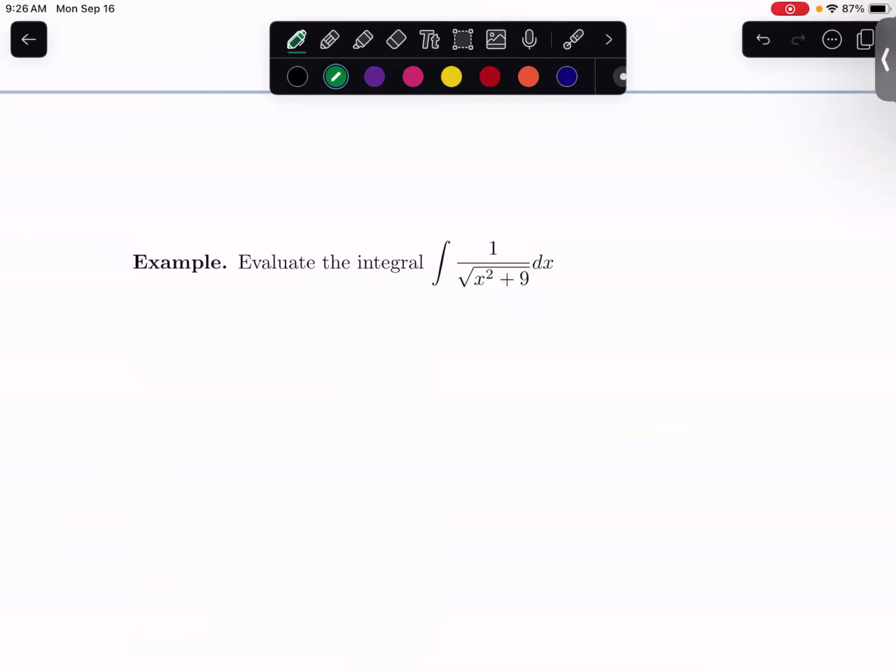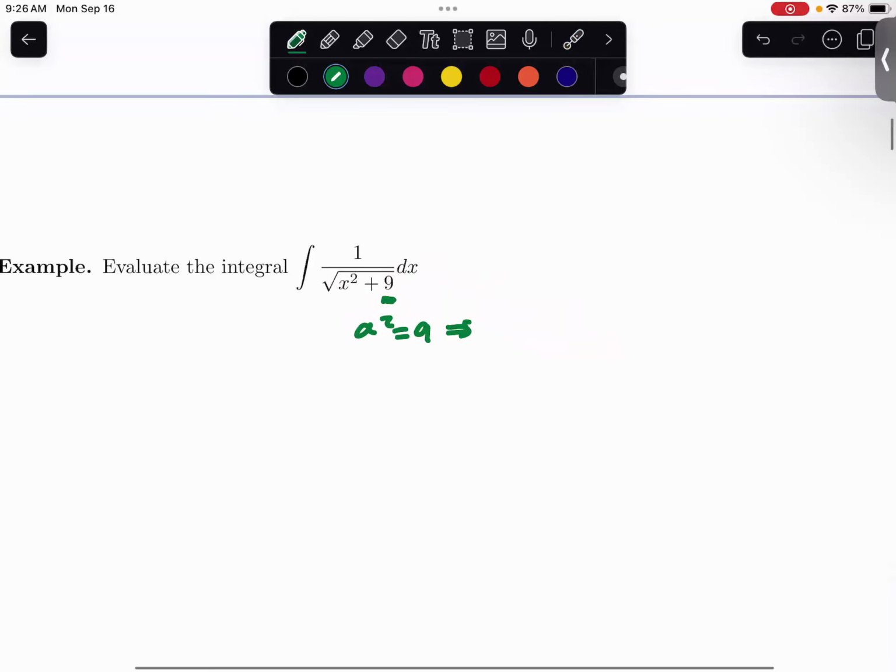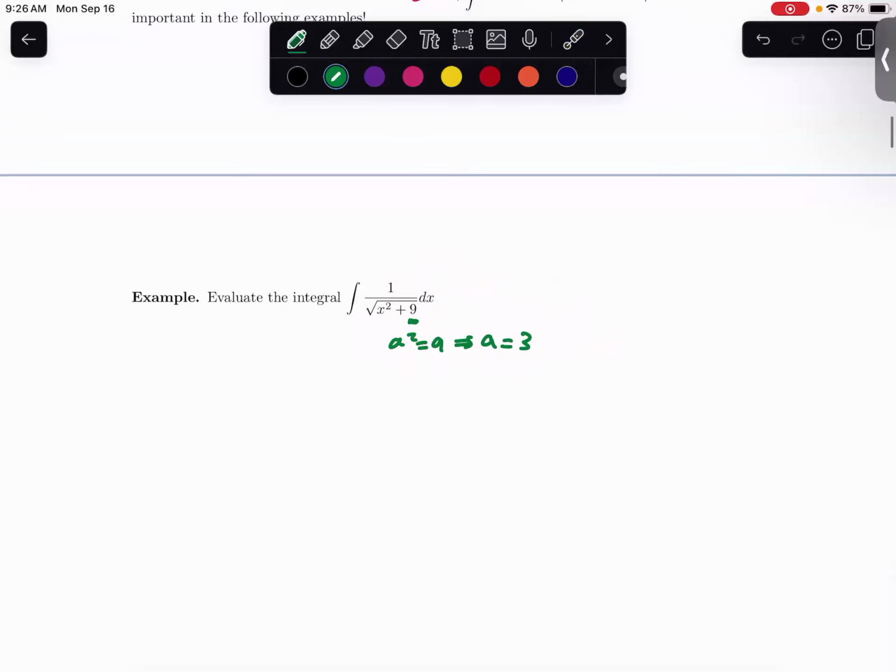Just like the previous example, we have x squared plus the square of some constant. So you should be looking at this 9 and writing a squared is equal to 9. If you take the square root of both sides, we have a is equal to 3. So we have an integral of x squared plus 3 squared, something of the form x squared plus a squared.